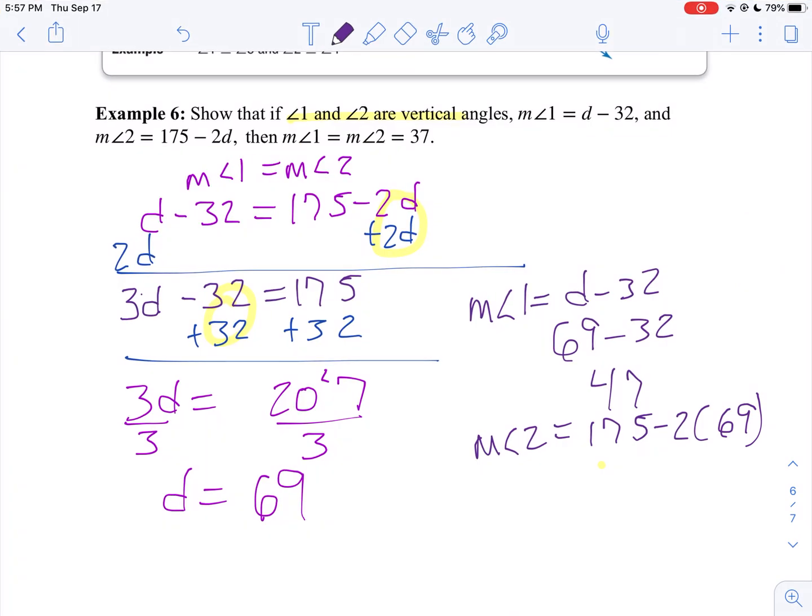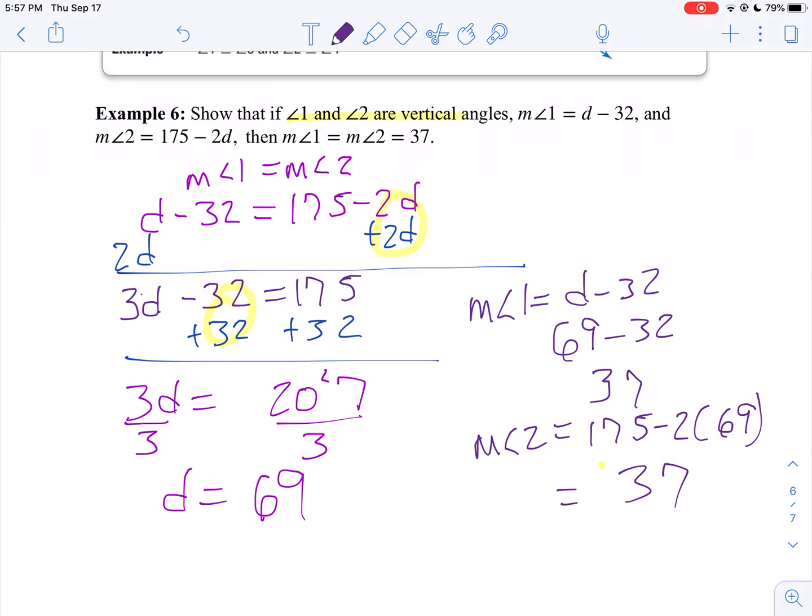I messed up, because they're supposed to both be the same. d minus 32. 9 minus 2 is 7. Oh, because I can't subtract. 6 minus 3 is 3. There we go. So they both equal 37 degrees and they're congruent to each other.